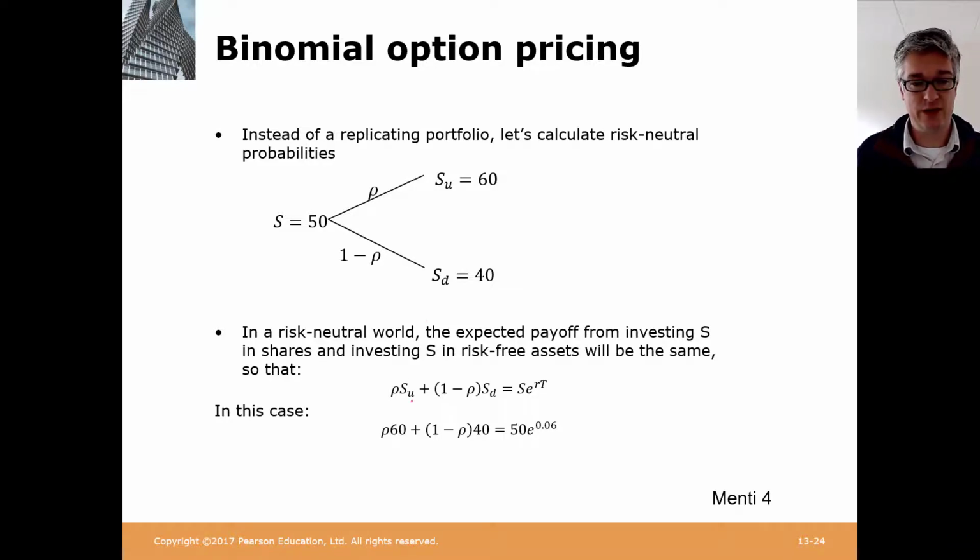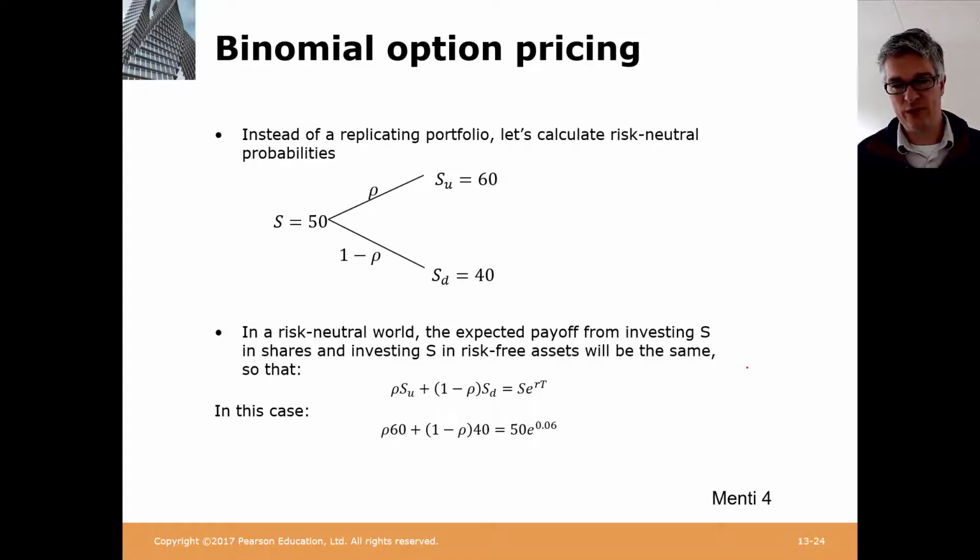So investing 50 in the share and then getting 60 times the probability of getting 60 plus the probability of getting 40 times the price of 40 should be the same as investing this 50 in the risk-free asset and then getting, well, something like 53, right? 50 times e to the power 0.06.